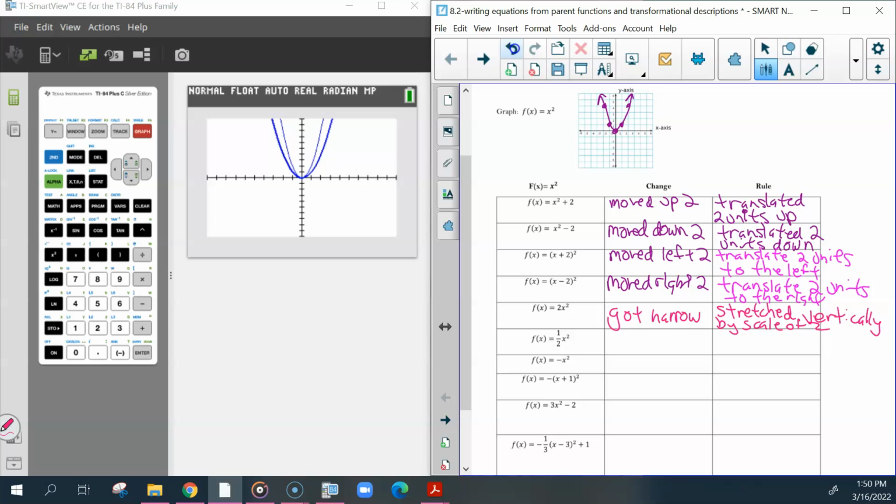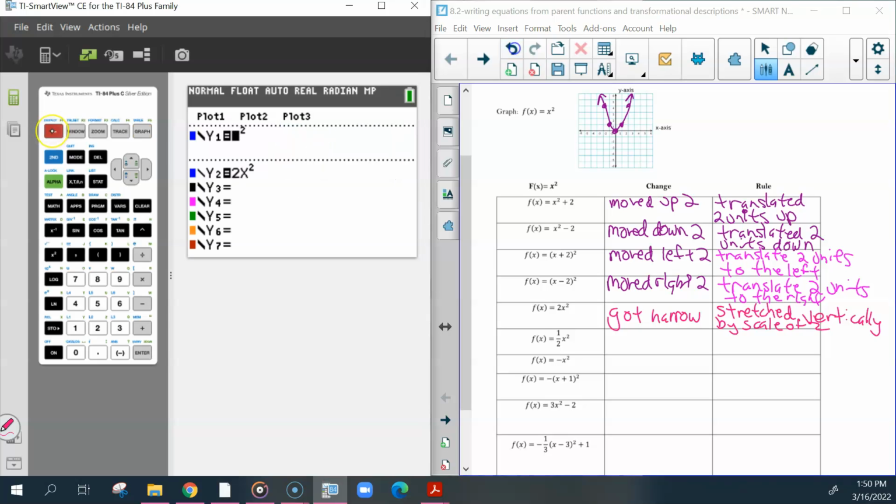Then if we put in 1/2, you can probably think about what's going to happen. So we're going to delete that and insert 1/2.